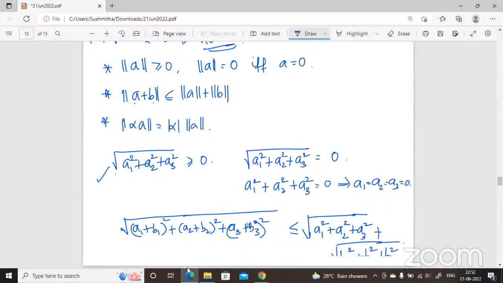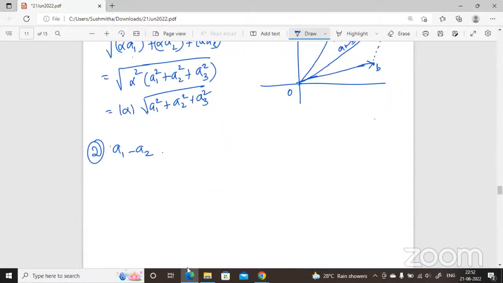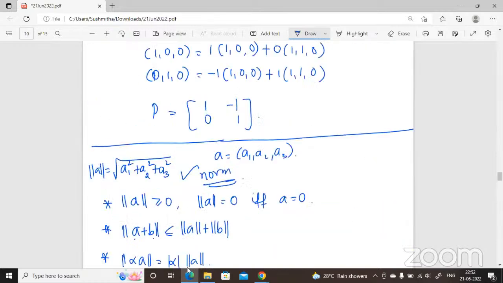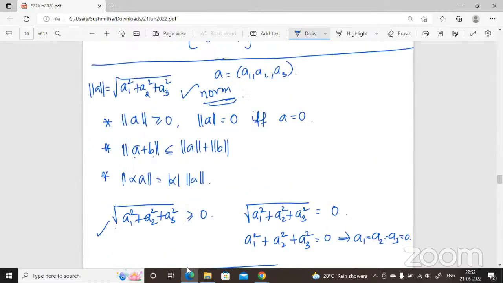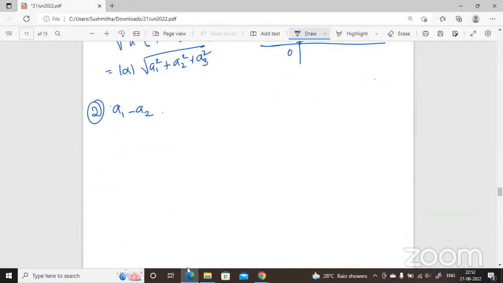First condition itself. Tell me a vector for which it won't be satisfied. Ma'am, if we say one condition is not satisfied, that is sufficient. Enough, no? Because for it to be a norm, everything should be satisfied. Even if one is not satisfied, it is not a norm.